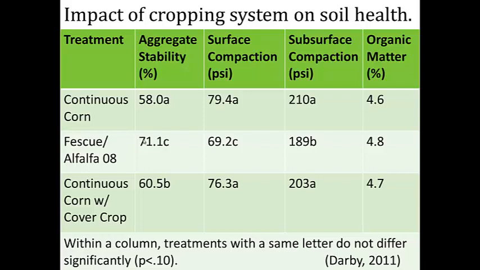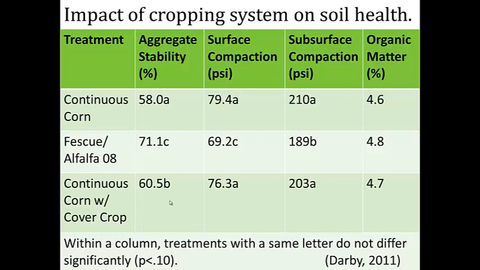You can see obviously that continuous corn had the poorest soil health. There's lots of tillage, there's low organic matter additions to this system, and so the health of the soil would fail much more quickly as compared to a perennial cropping system. And then just adding a cover crop to a continuous corn system would help improve the health of the soil.